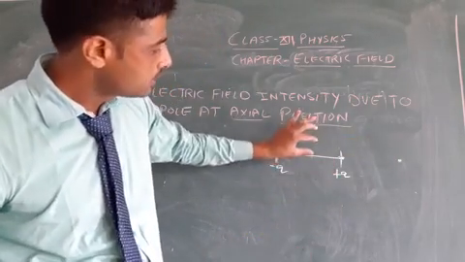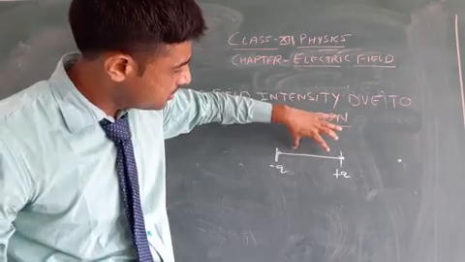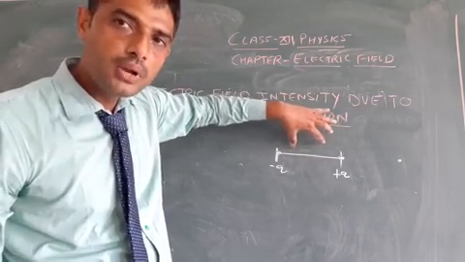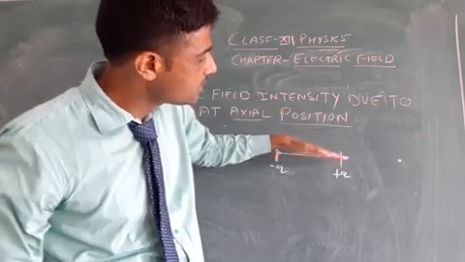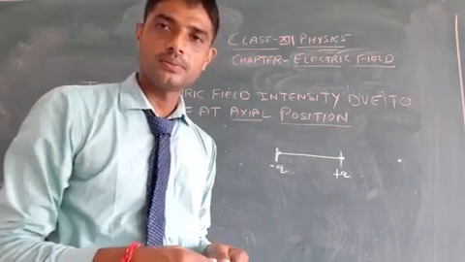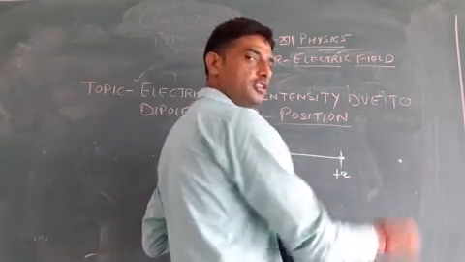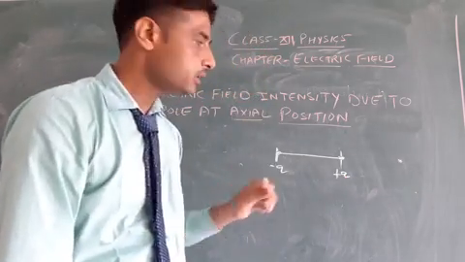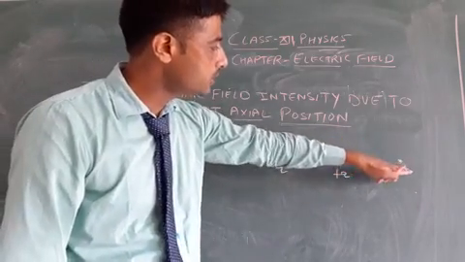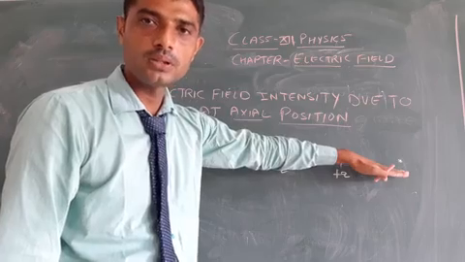If this is the length of the dipole, and this length is extended forward, then it intersects this point. It means this point is on the horizontal path.